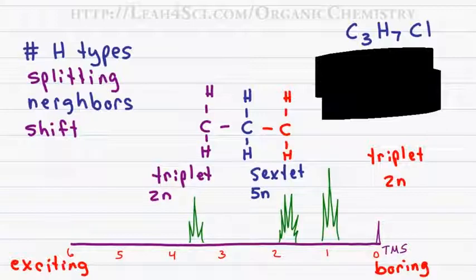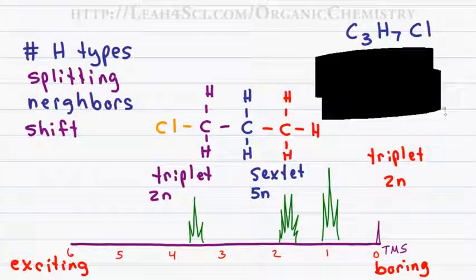The peak to the right is a CH3 group that is a triplet due to being split by its two hydrogen neighbors. The middle group is a sextet, that's the CH2 in the center being split by 3 hydrogens from the right and 2 hydrogens on the left for a total of 5. And the one on the left is being split by 2 hydrogens from the center and also shifted closest to the exciting region because of the chlorine attached.